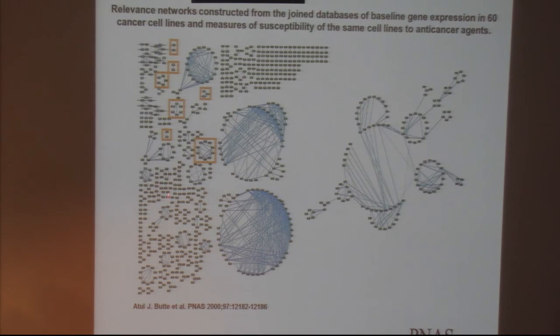And this is a figure from this paper. This is what the result looks like. You can see they obviously do networks for a fairly large number of genes, and they have 60 cancer cell lines. So you have 60 measurements per gene, and this gives rise to this network after selecting a particular threshold.